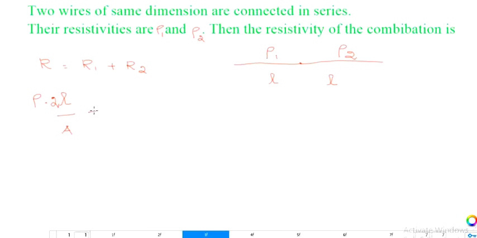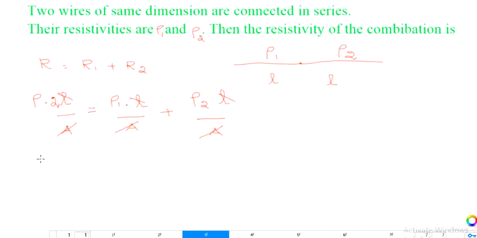Now, this equals: the first wire has specific resistance rho 1, length L and area of cross section A, plus the second one has specific resistance rho 2, length L and area of cross section A. Now you can cancel the area of cross section, and you can cancel the length also.